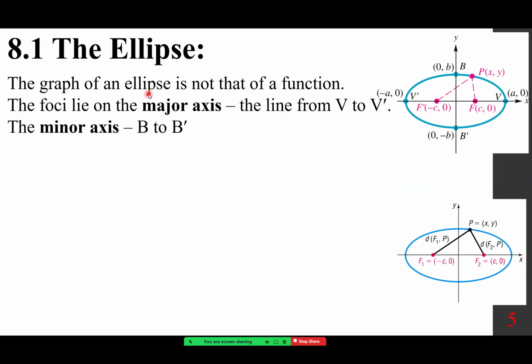The graph of an ellipse is not that of a function. Clearly, it fails the vertical line test. The foci lie on the major axis. The line from V to V prime is the major axis, and the minor axis is B to B prime. So the elongated side gives us the major axis.